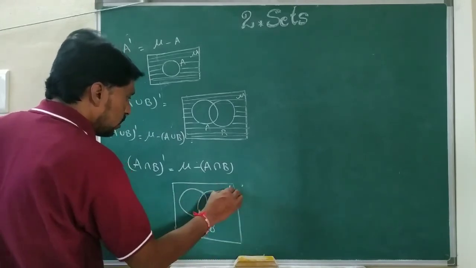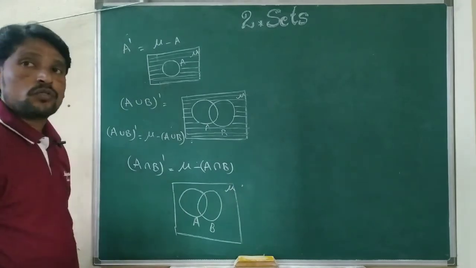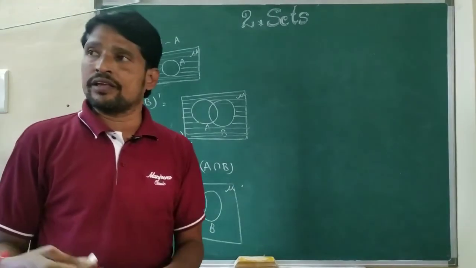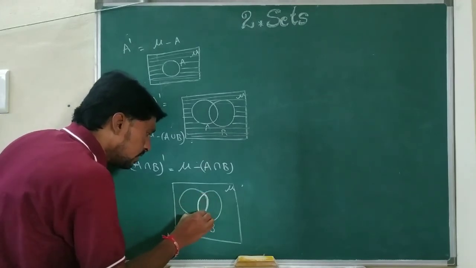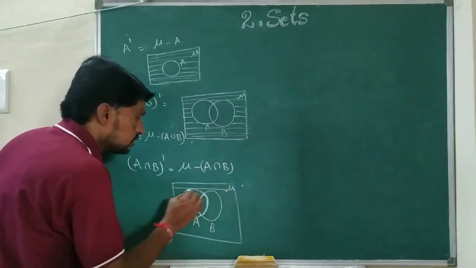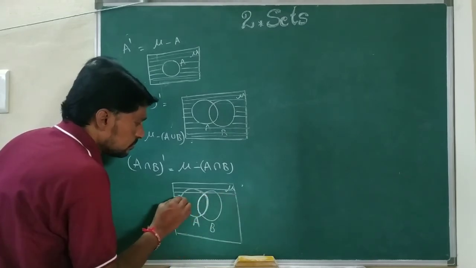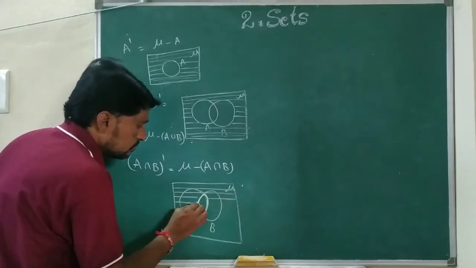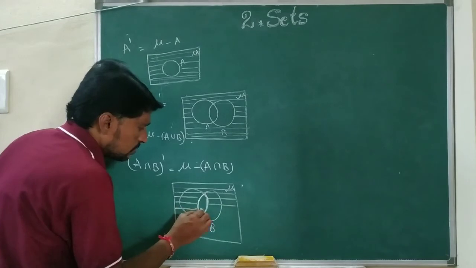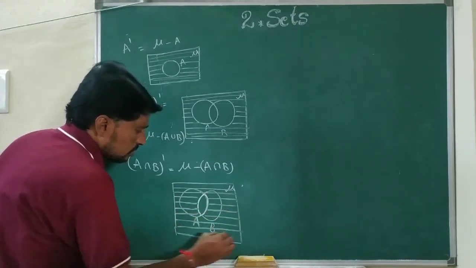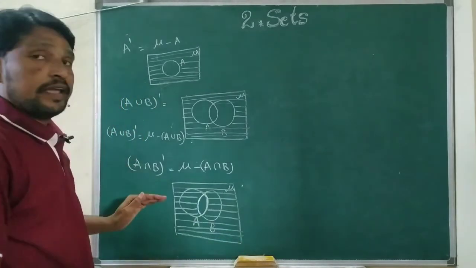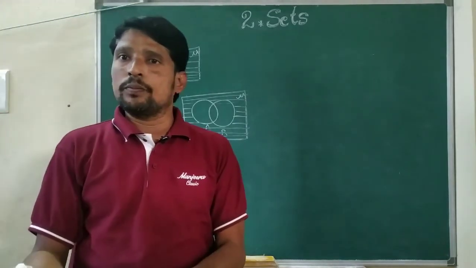That common area only we need to subtract. So this is the common region. Without this region you have to shade the total. This is called A intersection B whole complement.